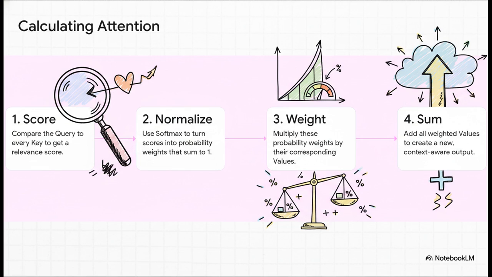Second, it normalizes those scores using a function called softmax. That's just a fancy way of saying it turns all those raw scores into clean percentages that add up perfectly to 100%. Third, it takes those percentages, those attention weights, and multiplies them by the actual values. The real substance of the words. And finally, it just adds all of that up to create a brand new package of information that is now deeply, deeply aware of its most relevant context.